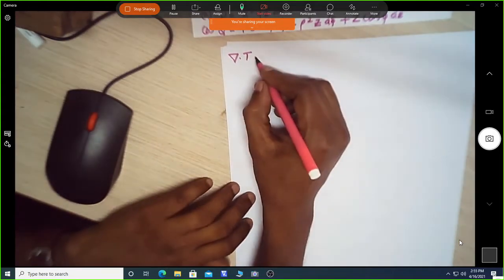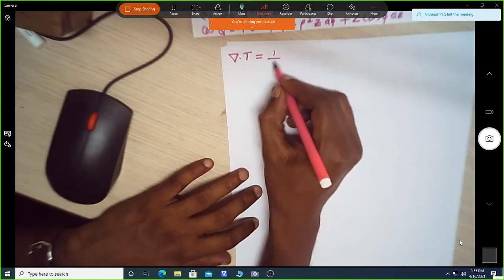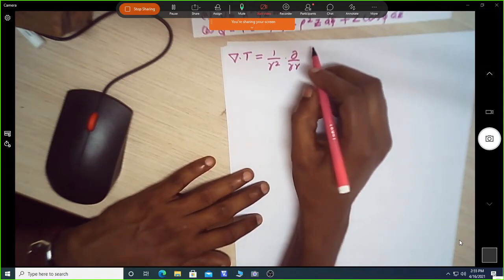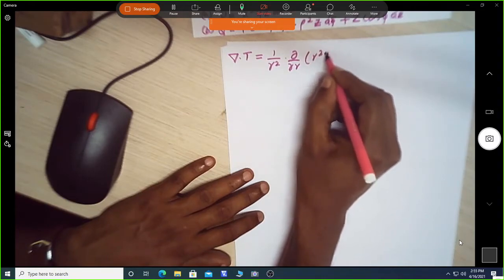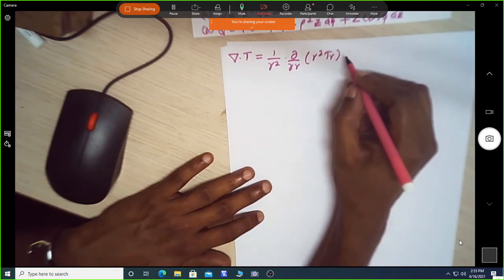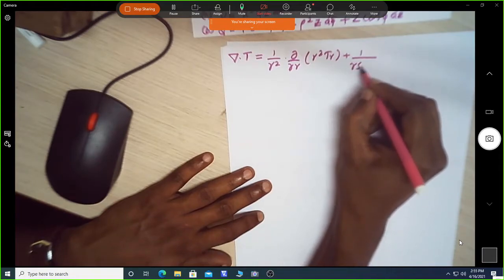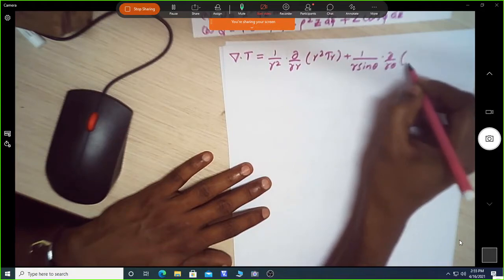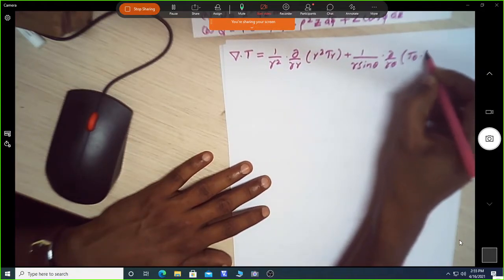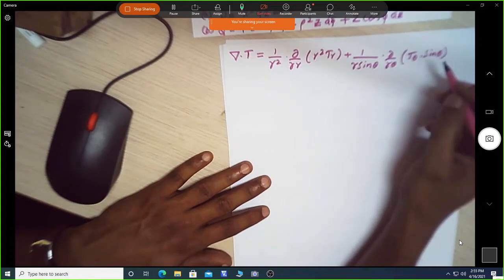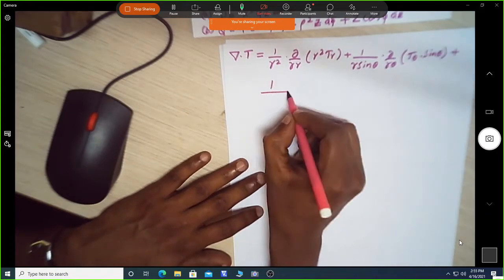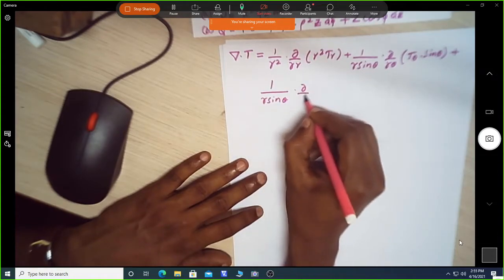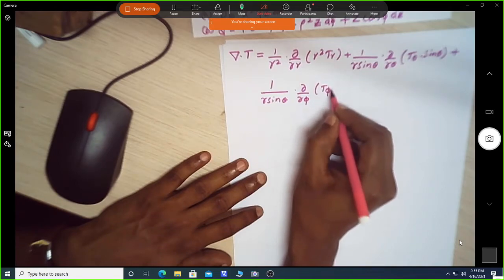I'll give the equation for spherical coordinates: 1 by r square into del by del r of r square tr, plus 1 over r sin theta into del by del theta of t theta into sin theta, plus 1 by r sin theta into del by del phi of t phi.